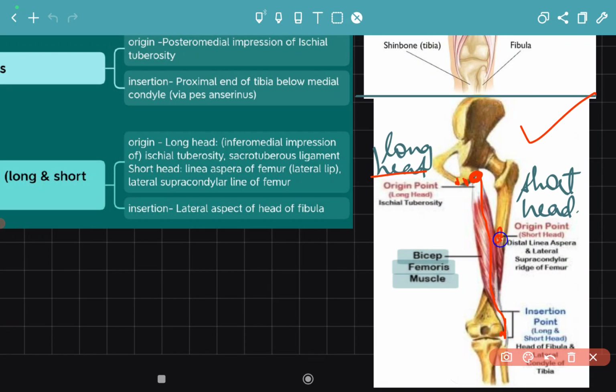Short head of biceps femoris originating from lateral supracondylar ridge of femur, that is distal linea aspera, as shown in the diagram, again ending at the same point, inserting at the same point, lateral aspect of head of fibula.